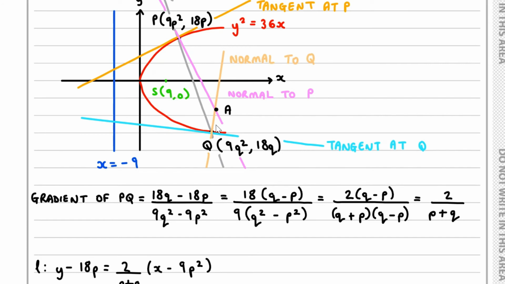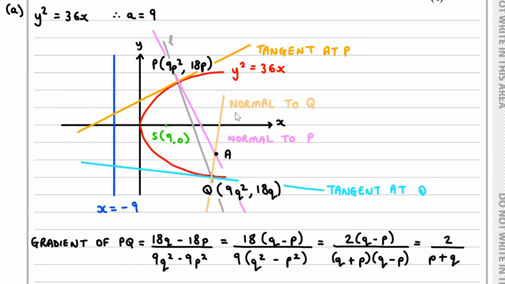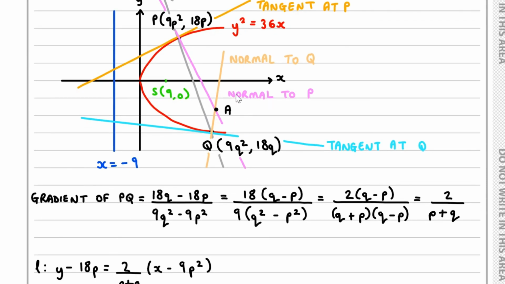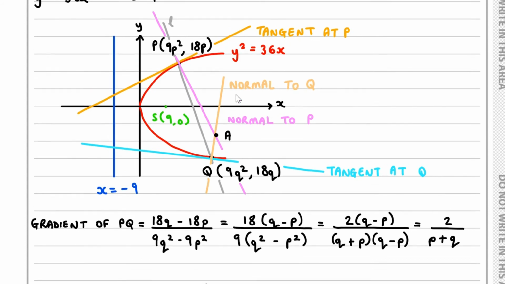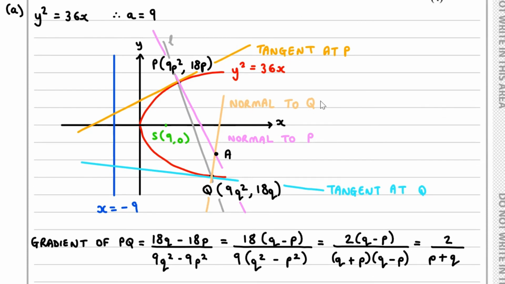So now what we can do is set those equal to each other to find out the coordinates of A. So what we'll do first of all is write those normal equations down. We have here y equals minus qx plus 18q plus 9q cubed, and the normal to P, we've got y equals minus px plus 18p plus 9p cubed.